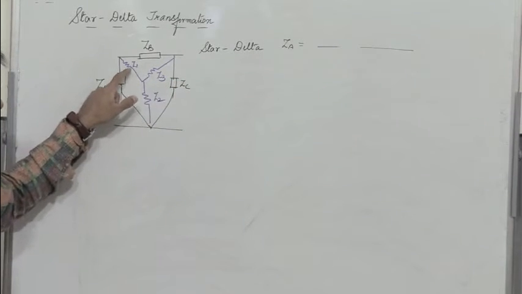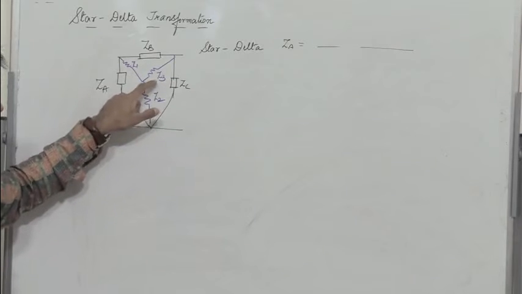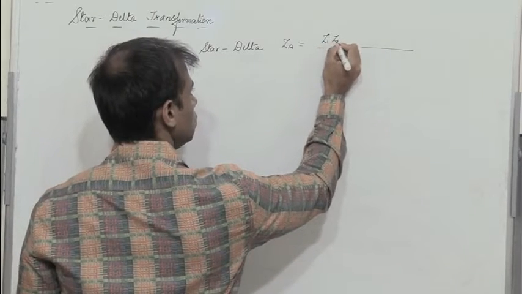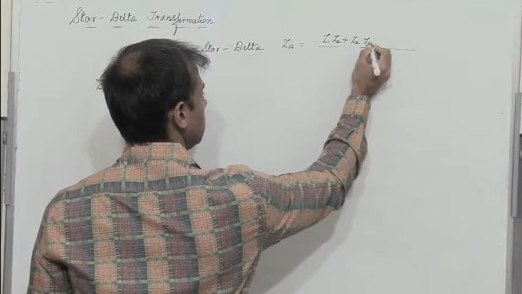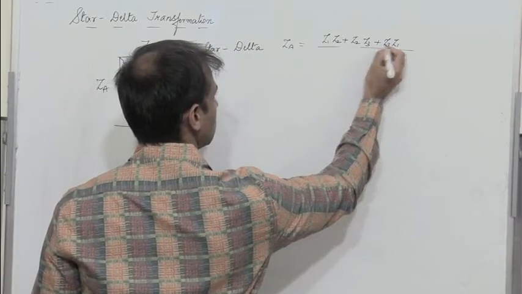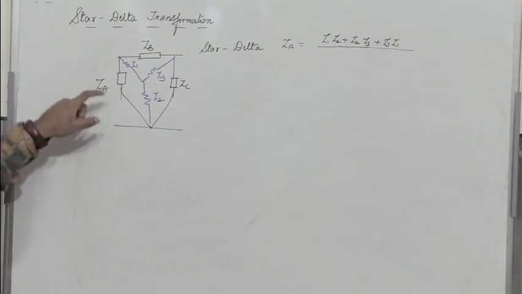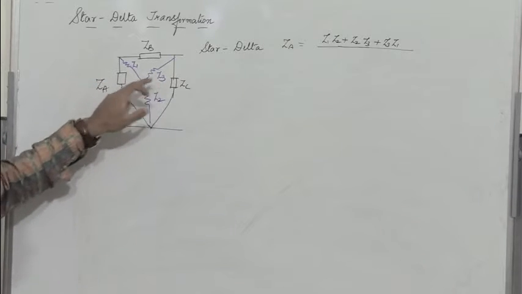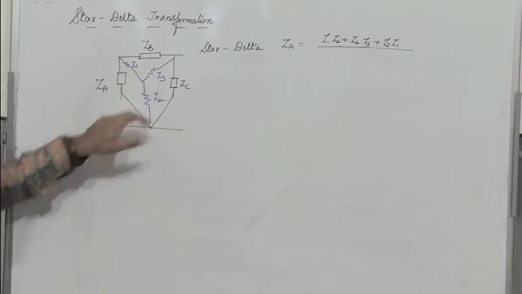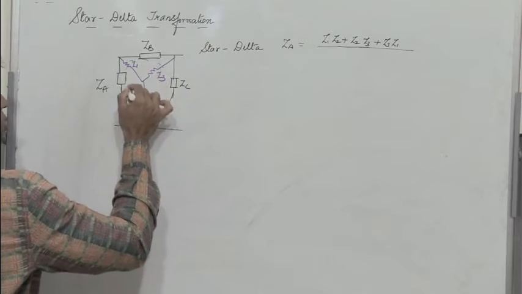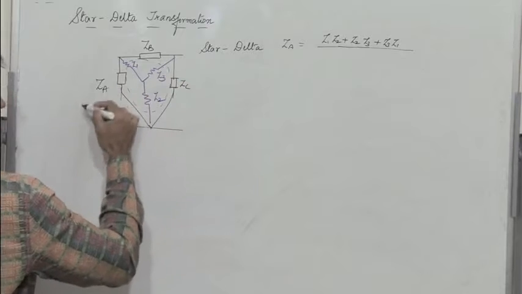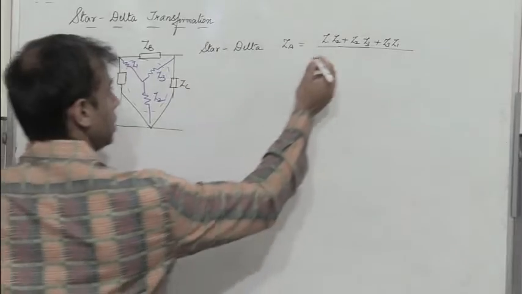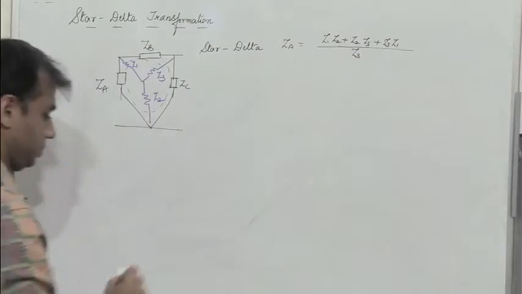The numerator would be Z1 Z2 plus Z2 Z3 plus Z3 Z1. And then the impedance which is directly opposite to ZA. So when I draw a star network, I find that the impedance Z3 is just facing the impedance ZA. So therefore I divide this by Z3.